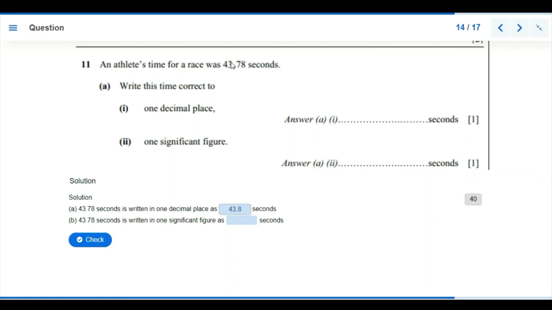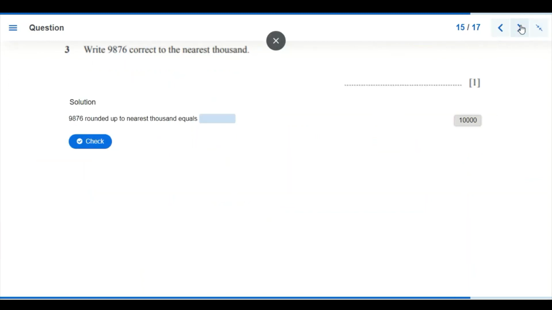And 4, any value that is less than 5, we give 0. So since we have 4, 4 will give 0, and our answer is going to be what? 40. So let's check 40. So that is the answer. Okay, now let's go to the next one here.